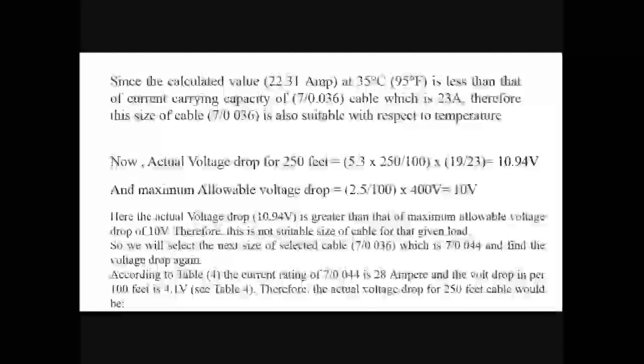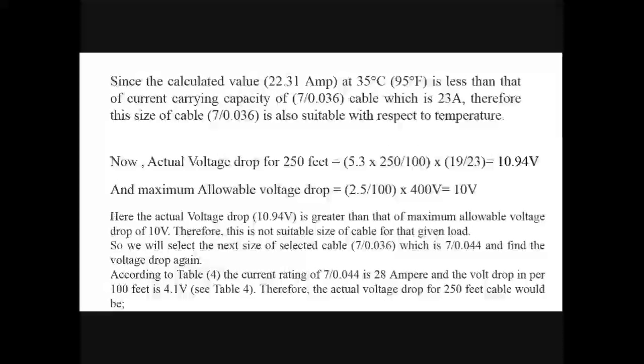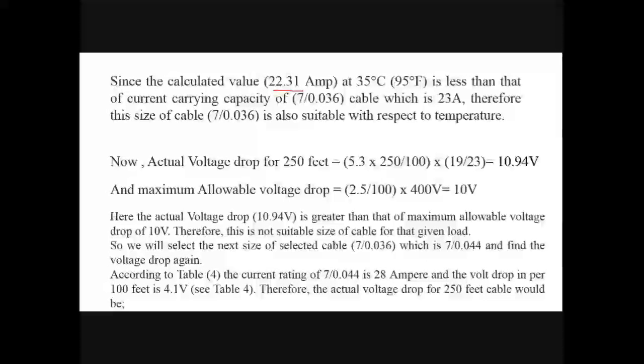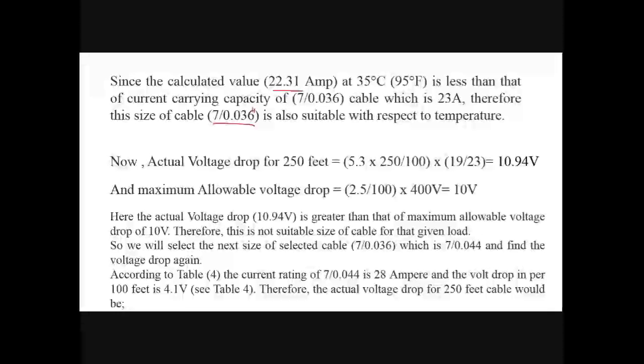So I have made the conclusion that since the calculated current value 22.31 at 35 degrees Celsius is less than the current carrying capacity of the 7 divided by 0.036 cable, which is 23 ampere, this size, 7 divided by 0.036 inch, is also suitable with respect to temperature.